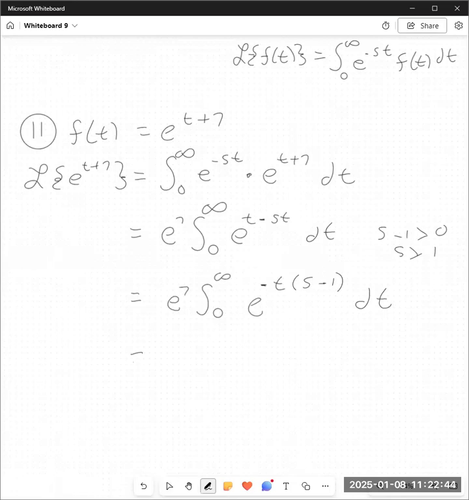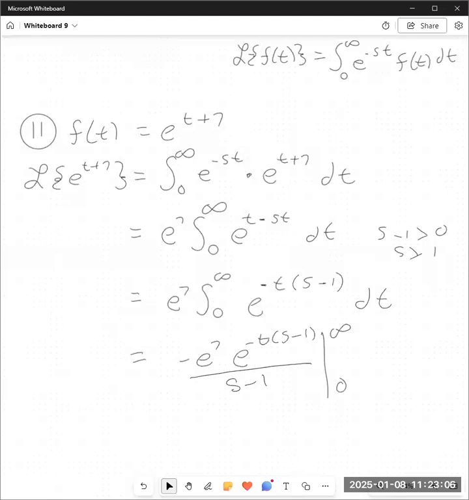So that gives me negative e to the 7, e to the negative t, s minus 1, over s minus 1 as my antiderivative. I need to evaluate that from 0 to infinity. Again, ask your teacher if they're okay with you writing the upper limit of infinity that way. Maybe your teacher wants you to write the limit as b goes to infinity and put a b there and take the limit like you did in calculus 2.